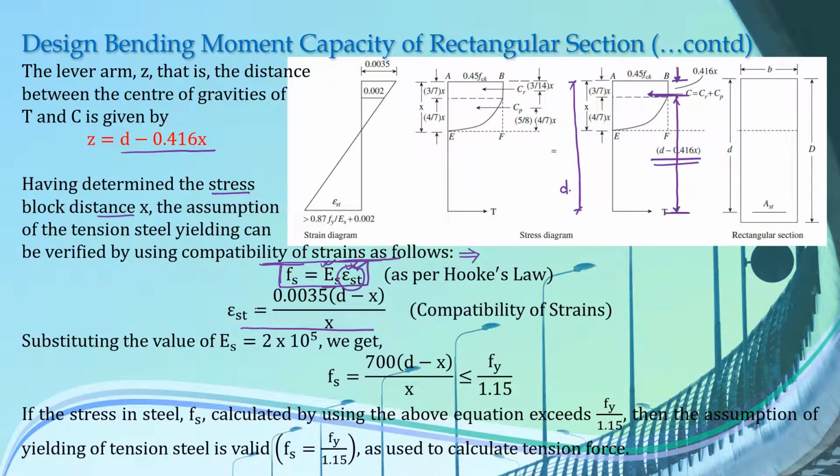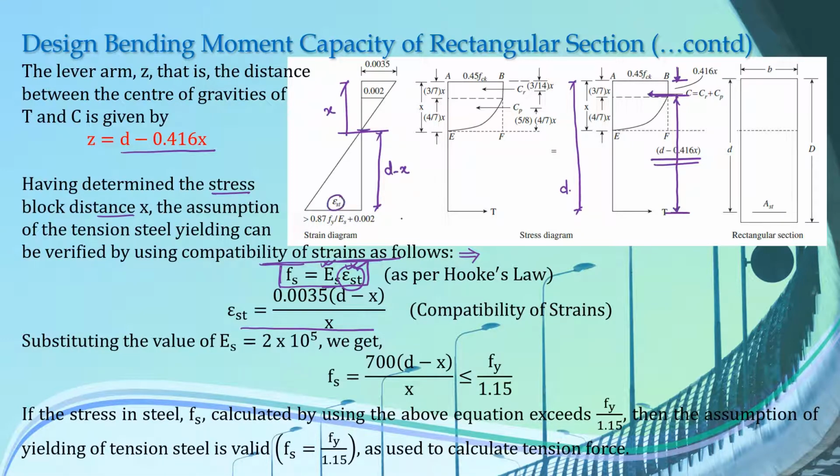So how did we get this formula? From this similar triangle, we have one triangle whose depth is given by x, and another triangle whose depth is given by d minus x. Epsilon st is the strain in our steel bars.